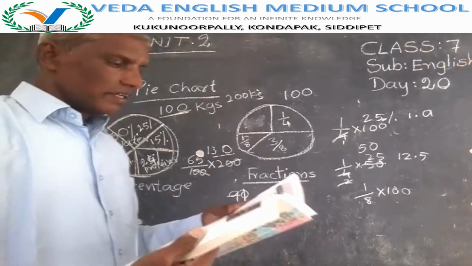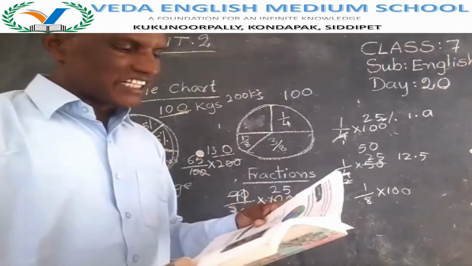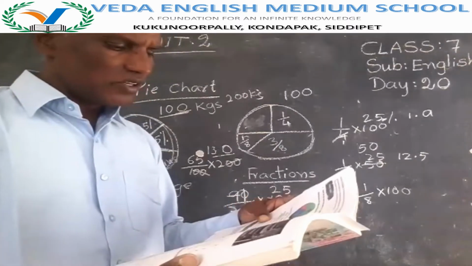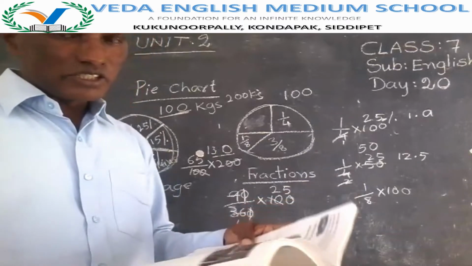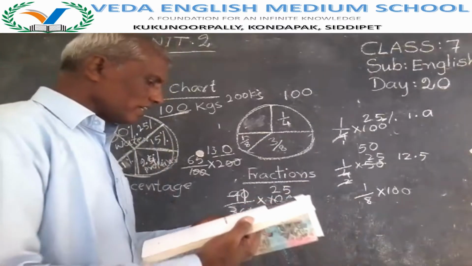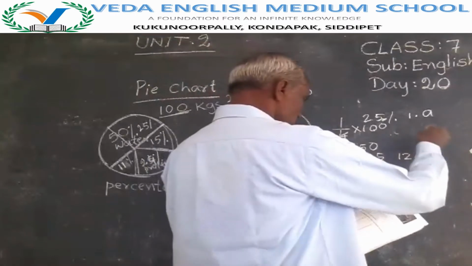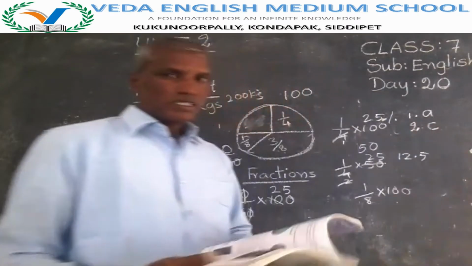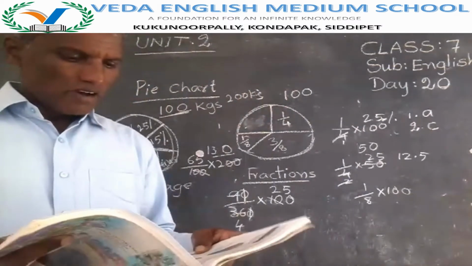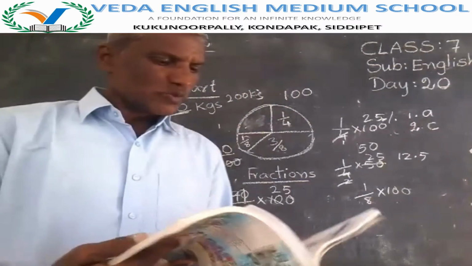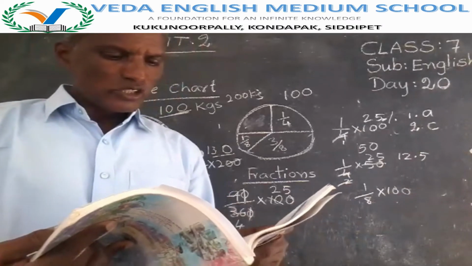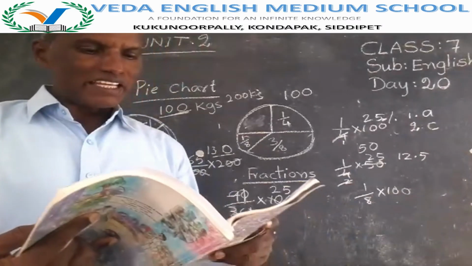See here, the other picture, the right side picture: hormones, enzymes, other proteins consist of 2 by 5. It is true. That's why the second one is C. Now, if a person's weight is 100 kilograms, how much do his bones weigh?